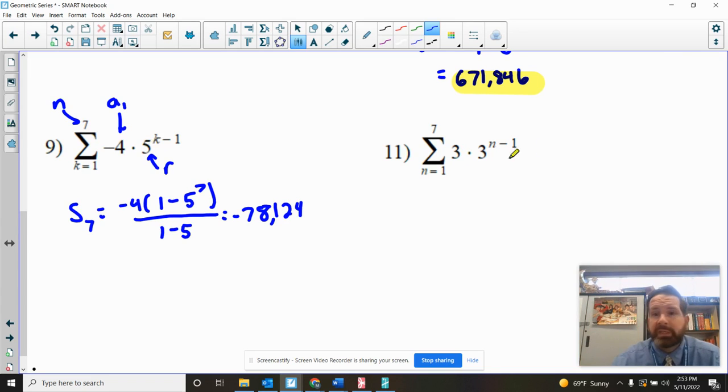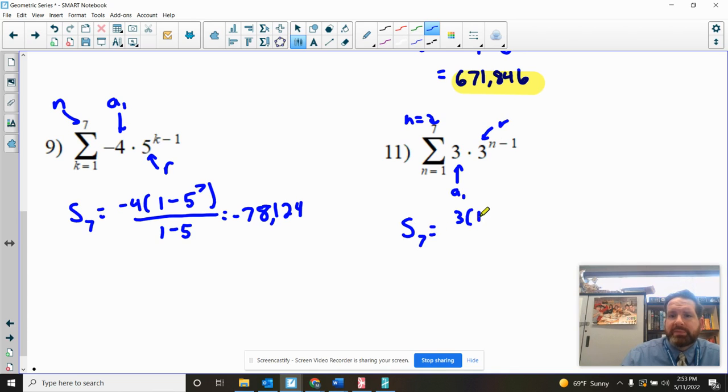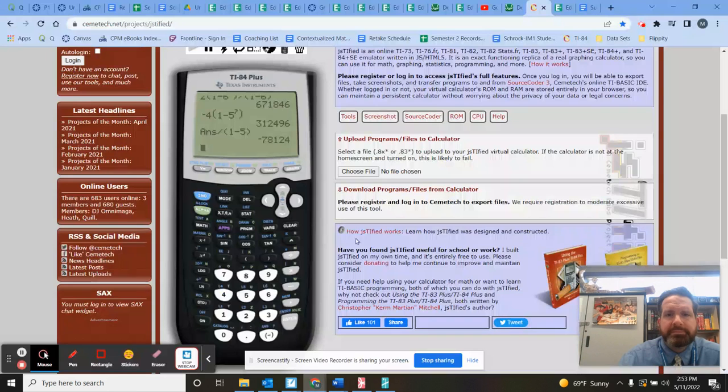Okay, and lastly, for this example, it's again going to be 7 terms. There's your n, there's your first term, and here is your common ratio. So the sum of the first 7 is 3 times 1 minus 3 to the 7th over 1 minus 3. So 3's all over the place.